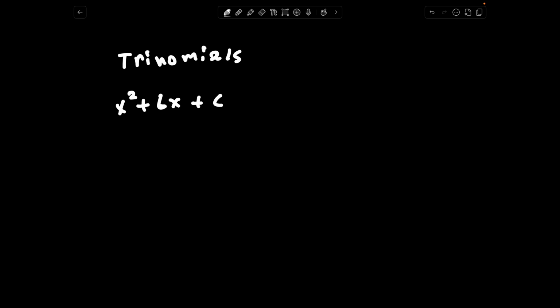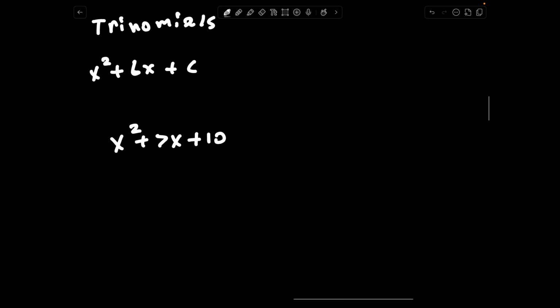So let's do an example so I can teach you how to do this. We're given x squared plus 7x plus 10. So what I just said was we need to find two numbers that multiply to give you the last number, 10, and add up to give you the middle number, which is 7.